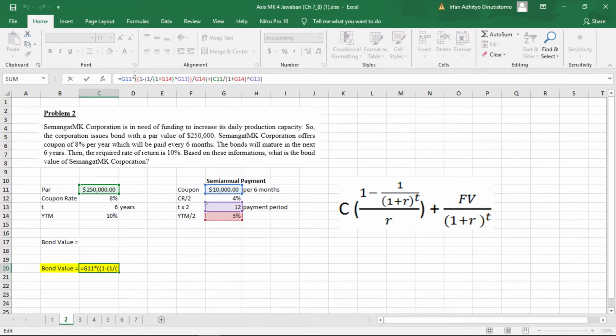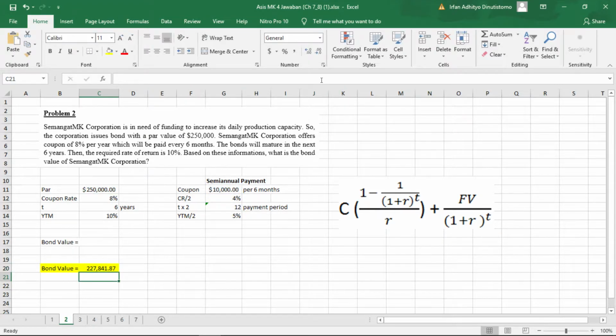This part calculates the semi-annual coupon payments using the annuity concept. After you calculate the present values, you add both components.